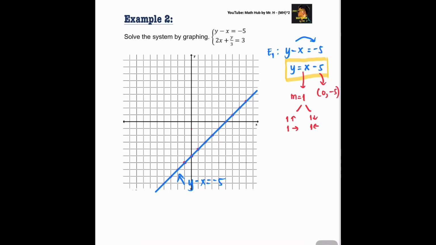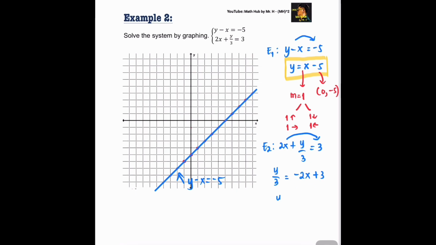Alright, and for the second equation, let's first rearrange the terms. So y/3 stays on the left-hand side, equals 2x jumps over to the right, which will make it become negative. +3 is already okay. Multiply the right-hand side by 3. So it's going to be y equals 3 times the whole thing on the right-hand side.